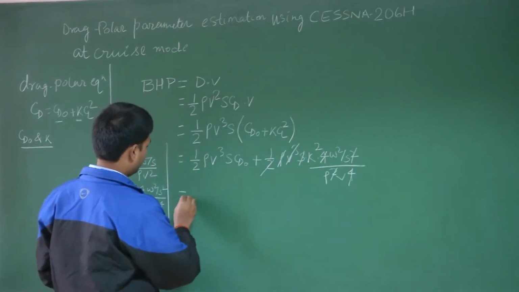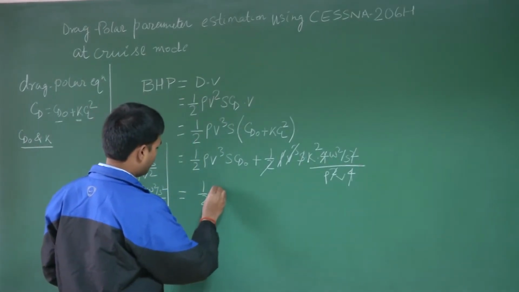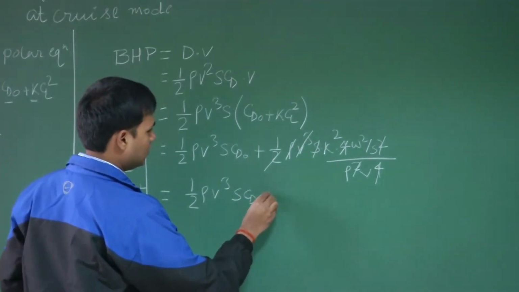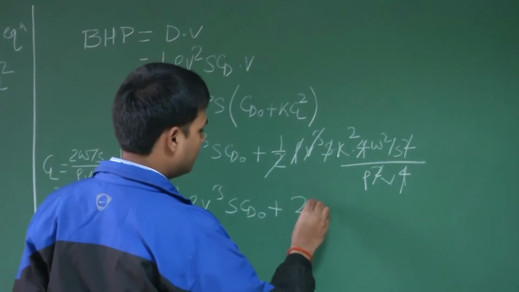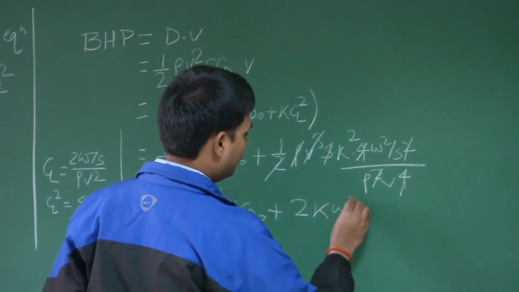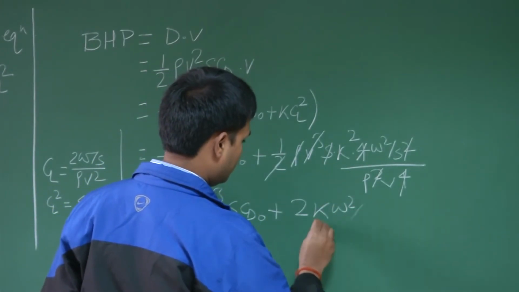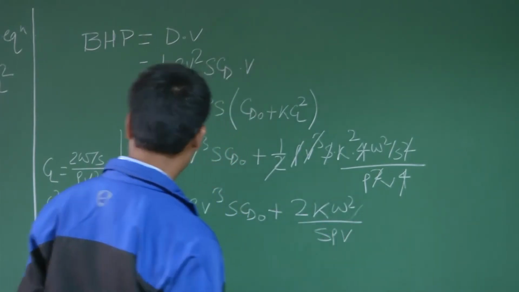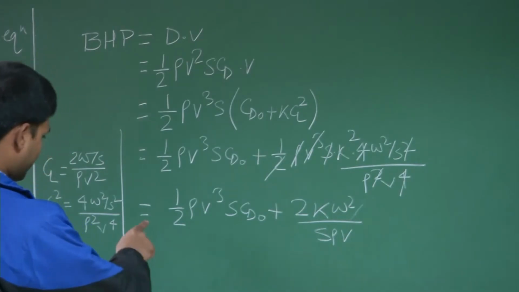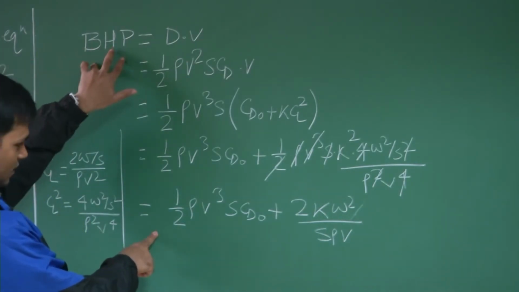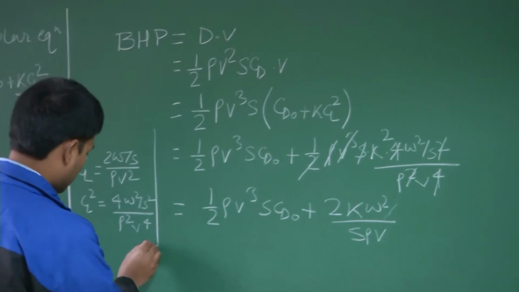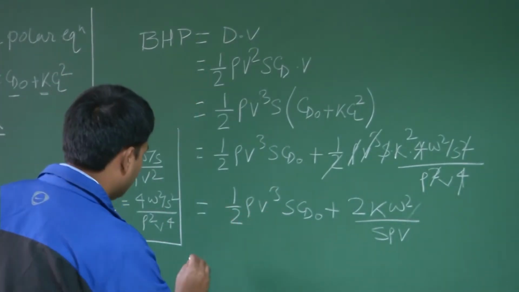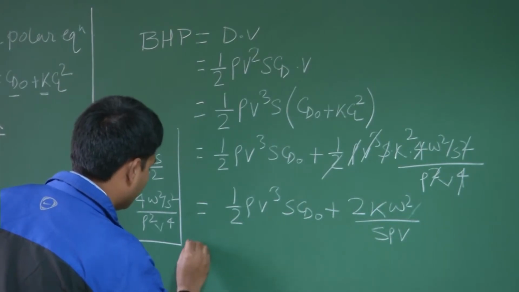So further simplification will look like this. Half rho V cube S CD naught plus twice K W square by S rho times V. So this is actually BHP now. So if you multiply with velocity on both sides, it will look something like this. So can I write like this?